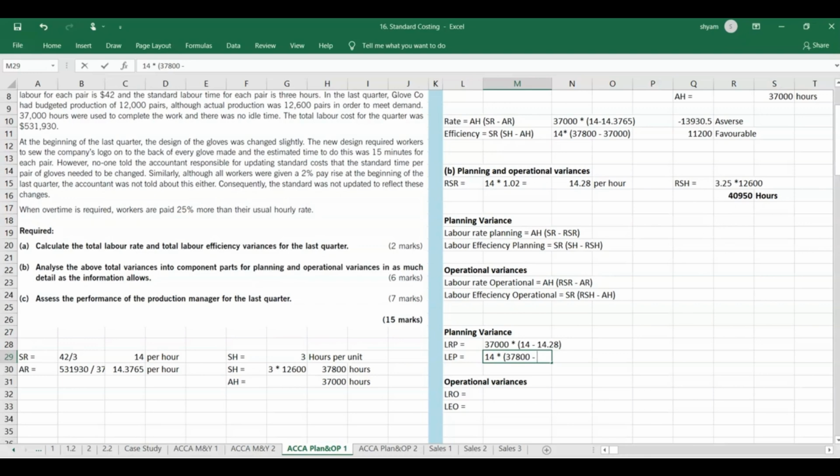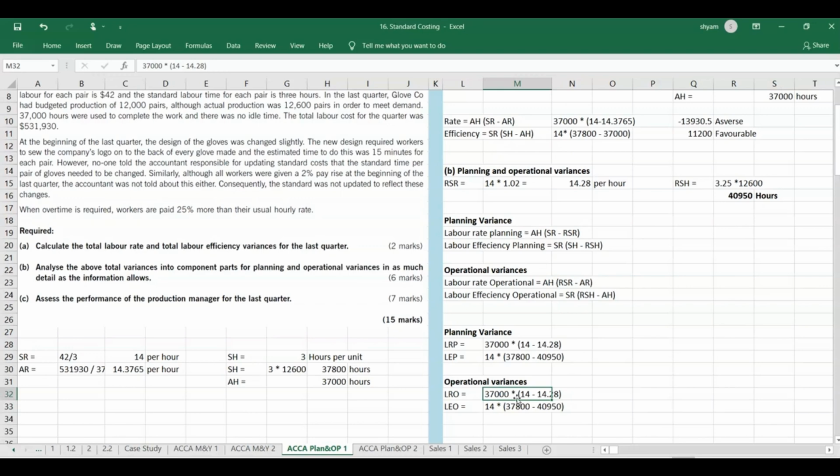RSH is here. So actually we can copy both of these and paste it again and work, because let's see what is getting changed. First we'll see what gets changed.